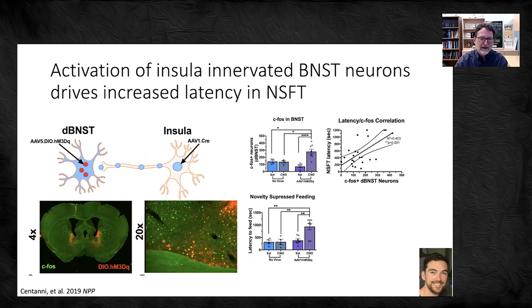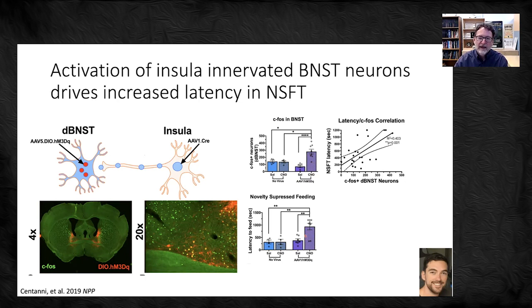Consistent with that, we measured an immediate early gene, c-Fos, and found that when we give the animals that have been infected in this way clozapine N-oxide, we saw a big increase in Fos expression in infected cells in the BNST, consistent with their activation.